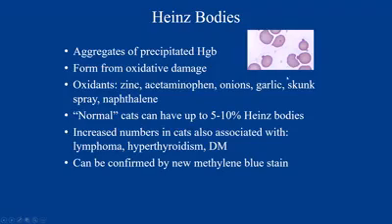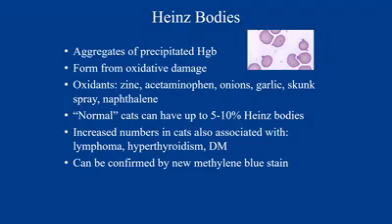It is important to note that, because cats are weird animals, normal cats can have up to 5 to 10% Heinz bodies, and that can be typical for the species, and that's okay. They have a different hemoglobin conformation. Their hemoglobin is very reactive, and they tend to lack a large amount of endogenous antioxidants compared to other species.